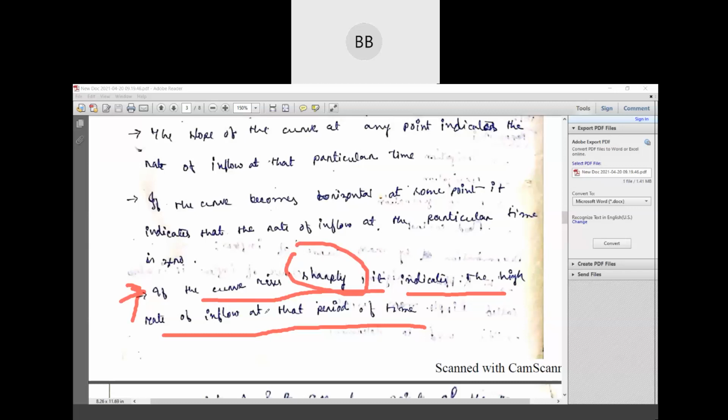Suppose your discharge in January is 100 and in February you got around 1000, so there will be a sudden increase. March again got 150, suppose.